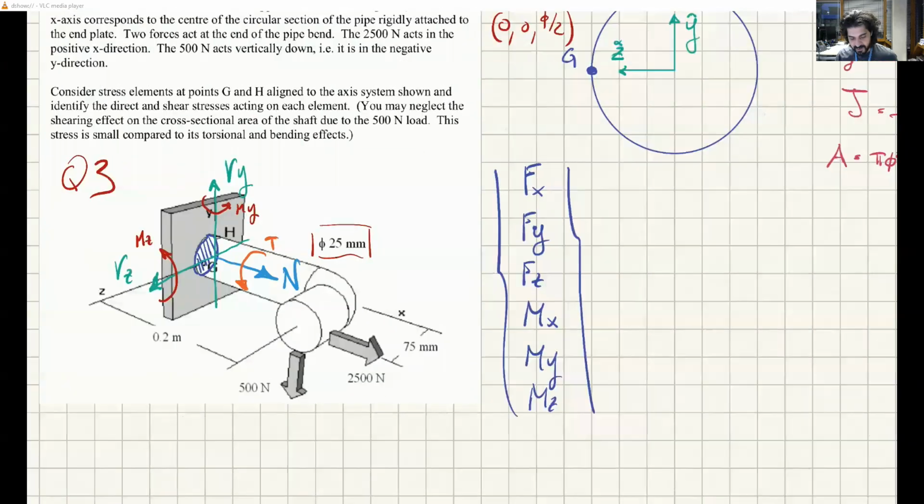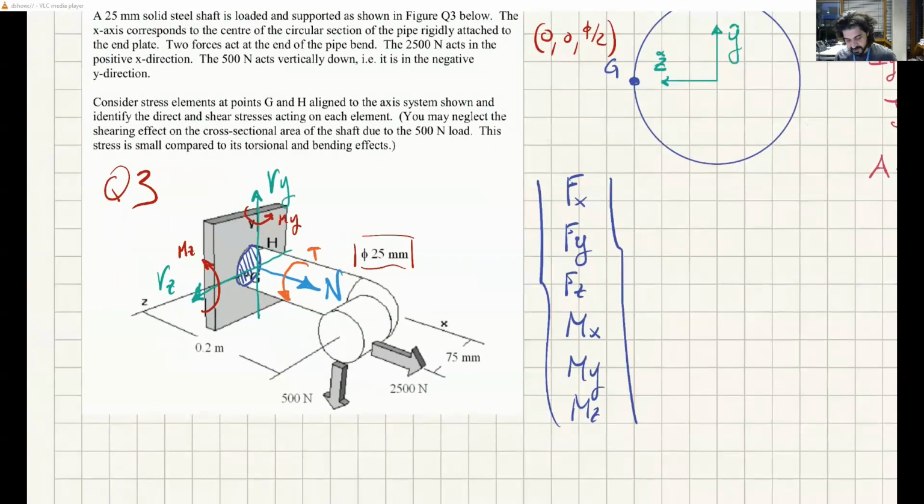So let's find which one of these. I have a force in the x direction, a force in the y direction, and a force in the z direction, according to my reference system, a moment around the x-axis, a moment around the y-axis, and a moment around the z-axis. Let's label all of these. These are based on the reference system, but they can also be relabeled according to the internal interactions.